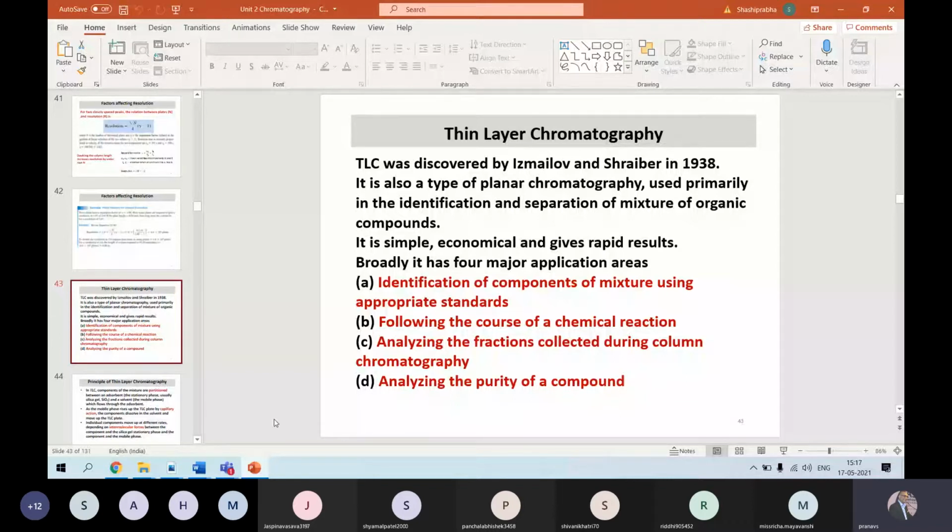If you have seen a burette, you fill it with silica of definite mesh size or particle size in a column, which could be as simple as a burette, and then you pass your reaction mixture, once you have completed a given chemical reaction, through this column and try to isolate or separate your product in presence of other things which are present in your final mixture.